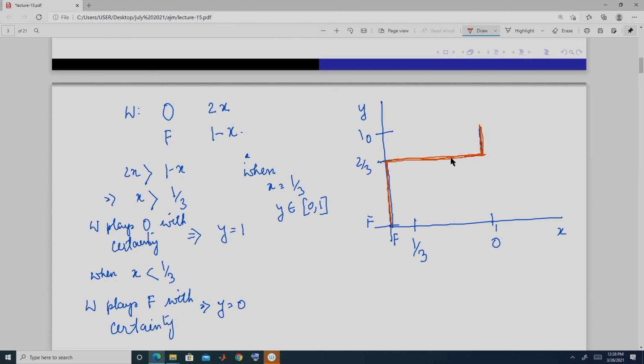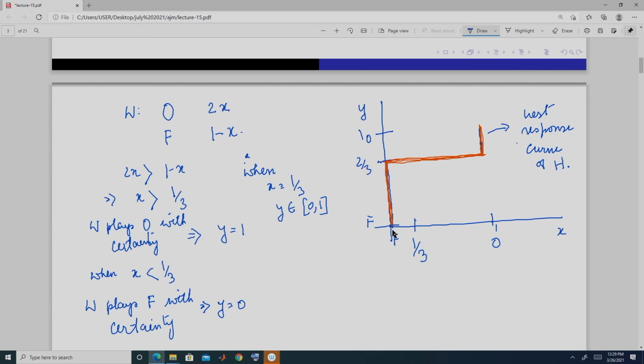So, this is what we can call the best response curve of H. Given any y, how it is going to attach probability to its actions or strategies. So, it is given by this red curve, this red line. Okay, so when y takes a value greater than 2/3, x is 1. When y takes value less than 2/3, x is 0.